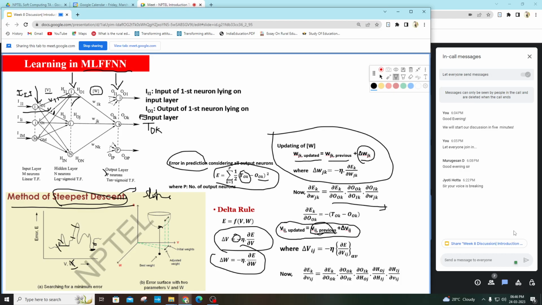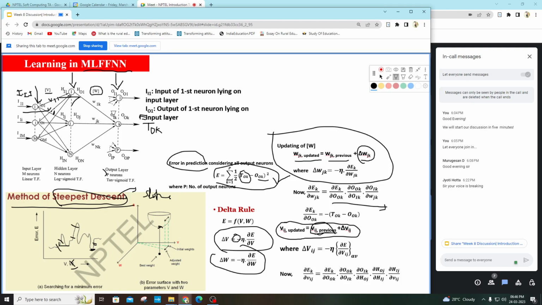First we will associate this error with the output, by this formula. Then the output with the input side of this neuron.